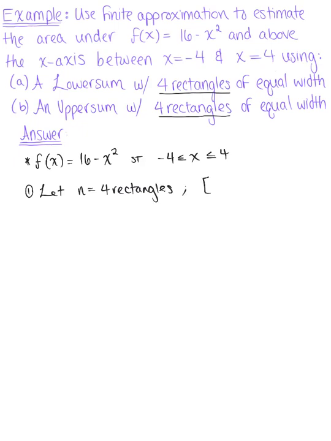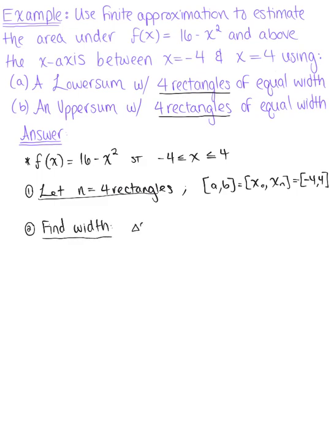And we'll also let our interval, our x naught to x sub n, be this closed interval negative 4 to positive 4. The next thing that we need to do is find the width of each one of these rectangles.